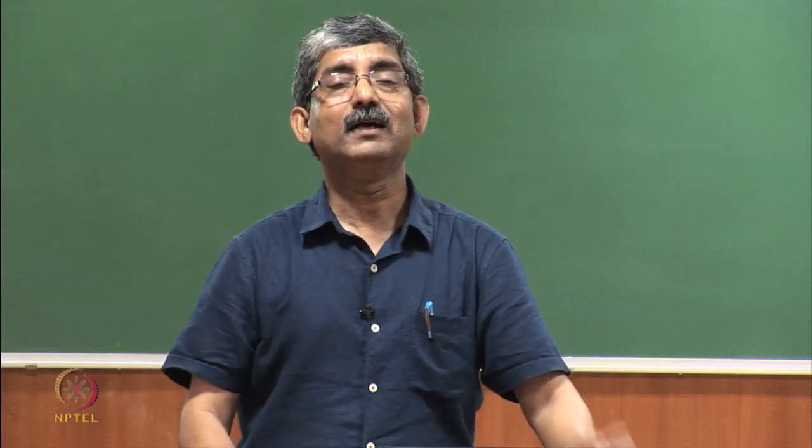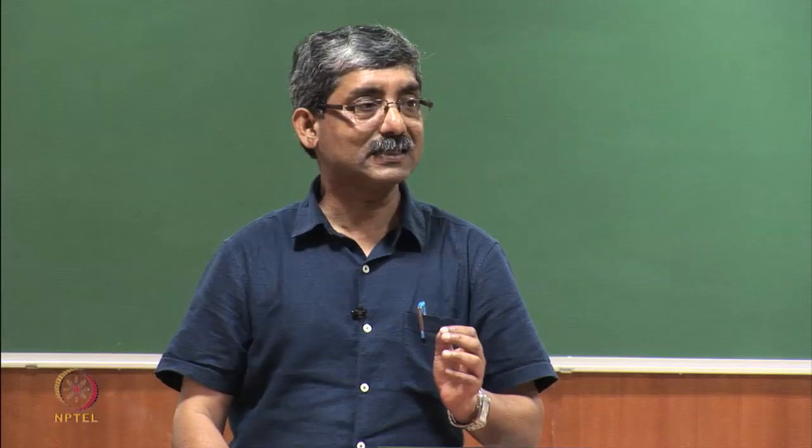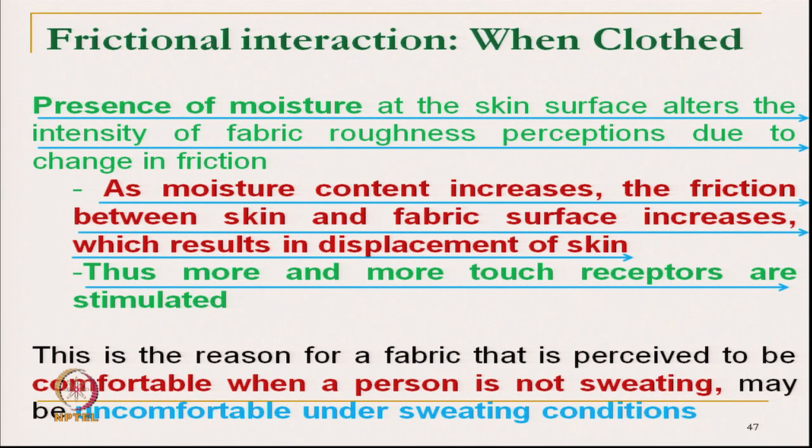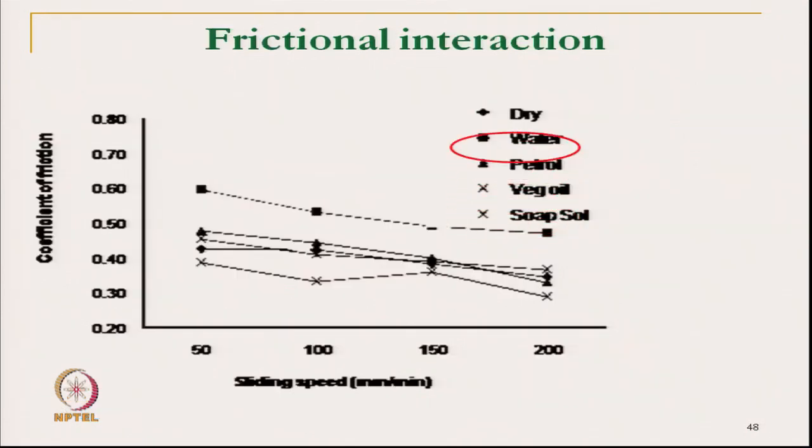And this is mainly due to the increase in friction between skin and the cloth due to the presence of moisture. So, this is one study report which shows the coefficient of friction between skin and a particular type of cloth under different conditions. When it is dry, we can see the friction is at this point, at a lower level, around say 0.4 or something.